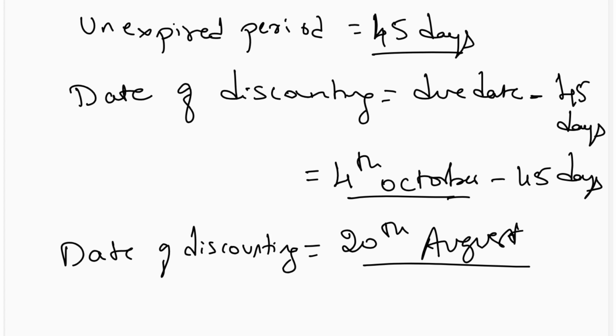September has 30 days and August 31 days. By calculating the number of days in reverse order and subtracting, you will get the date as 20th August.